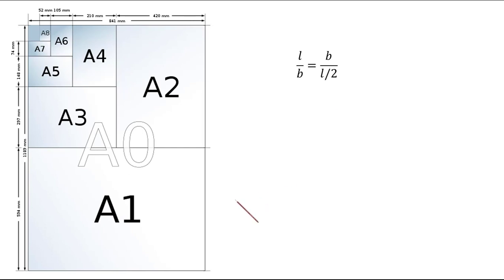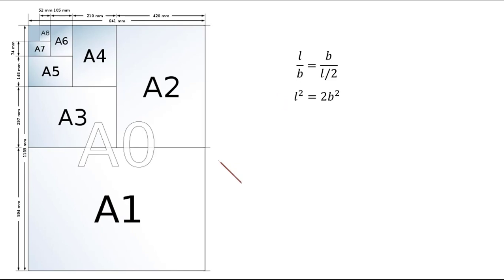So it can be seen that the length L of the A0 size paper upon its breadth B would be in the same ratio as that of the A1 size paper, whose length would be the breadth of the A0 size paper and whose breadth would be half the length of the A0 size paper. The ratio does not change. So the ratio of even the A4 size paper or the A5 size paper is always the same.